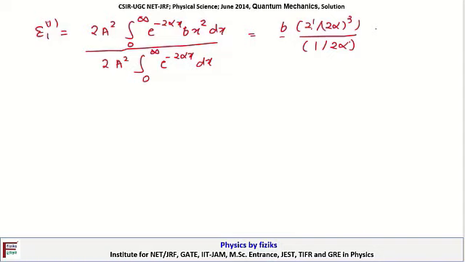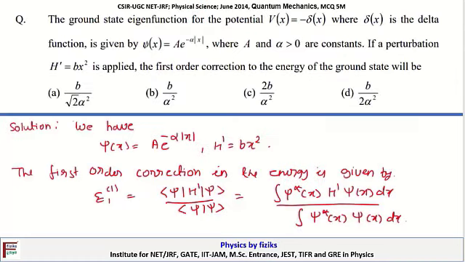So here we would have B into 2 alpha into 2 divided by (2 alpha) cube, which turns out to be B by 2 alpha square. Thus our answer for this problem would be option D, B by 2 alpha square.